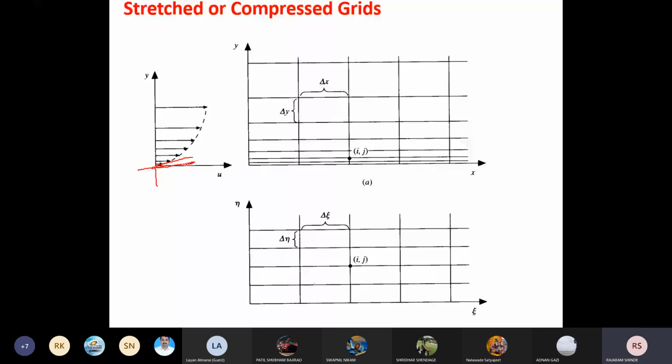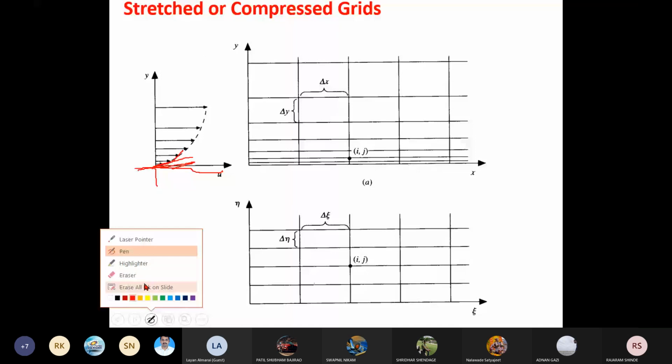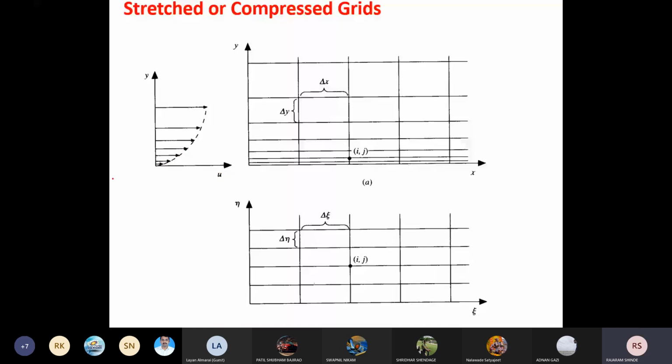This is the boundary of the flat plate, and if you plot the velocity profile over this, you will get, sorry, I will clean this and I will show you. If you plot this over flat plate, now this is a flat plate.